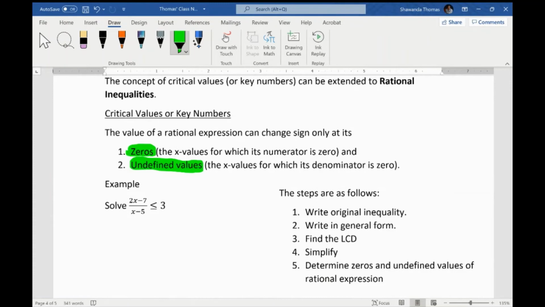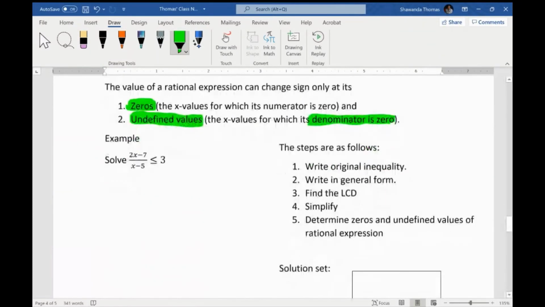When it has 0 in the denominator. So if you have a rational inequality, meaning if you have a fraction, then the undefined values are also key numbers. Let me show you what I mean.